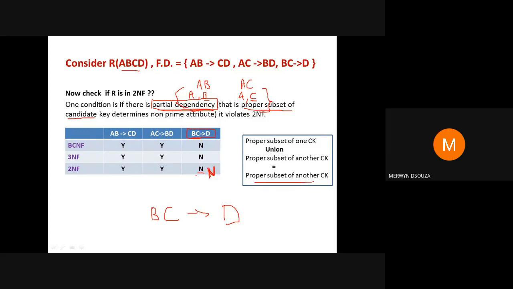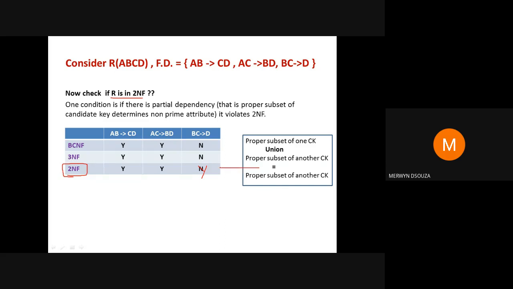So therefore there is partial dependency, and since there is partial dependency, we write here no. If you don't follow this rule, many of you in the exams will write this as yes, and you will claim that this relation is in second normal form, which is wrong. Please remember this rule.